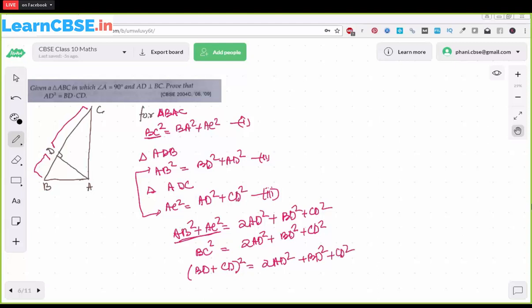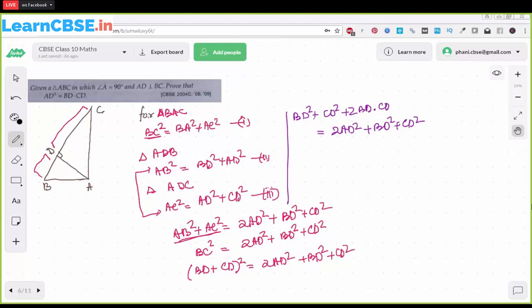Now A plus B whole square formula gives you BD square plus CD square plus 2BD into CD equals 2AD square plus BD square plus CD square.